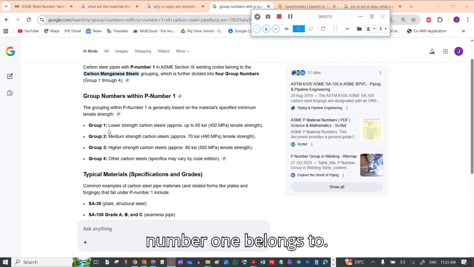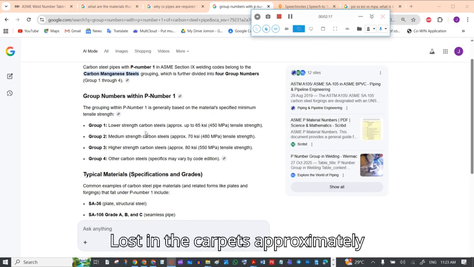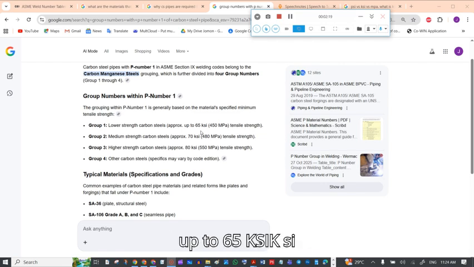Group number 1 belongs to low strength carbon steels, approximately up to 65 KSI. KSI means kilo pounds per square inch. This is 1000 PSI. Therefore, 65 KSI means 65 times 1000 PSI.